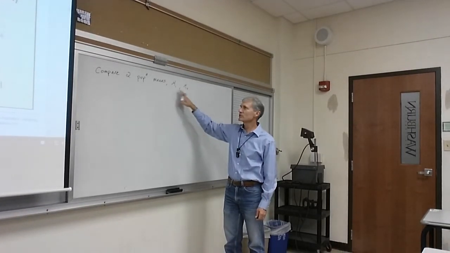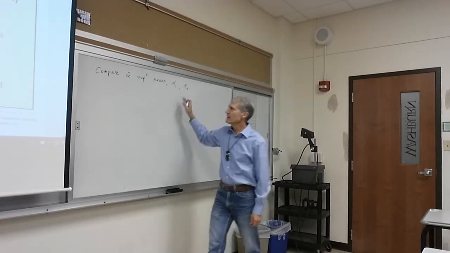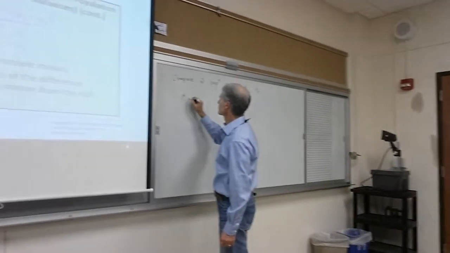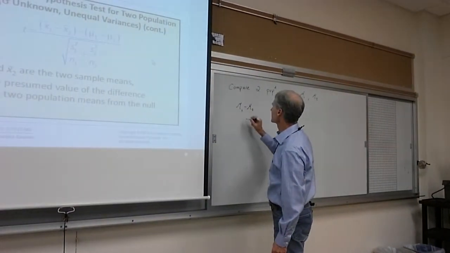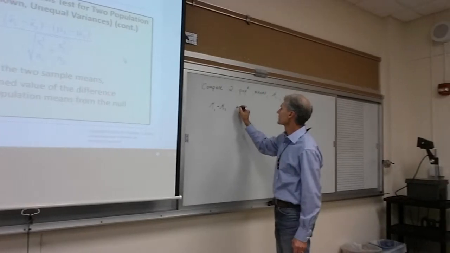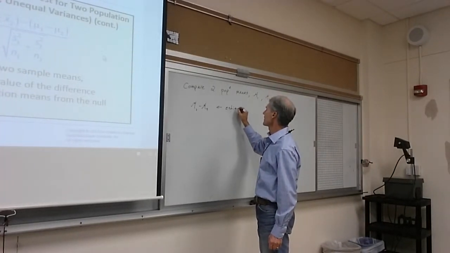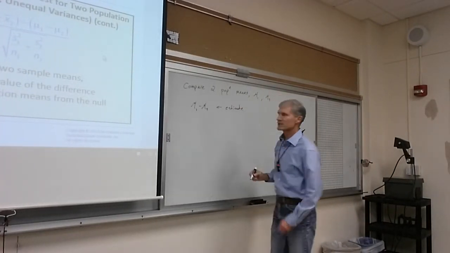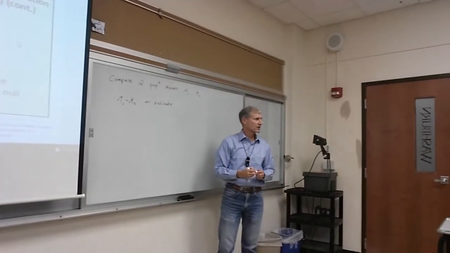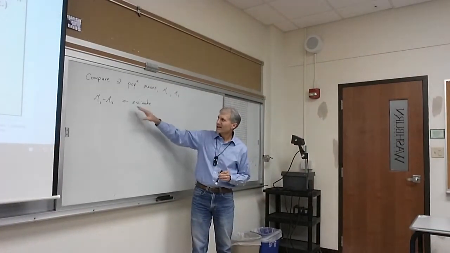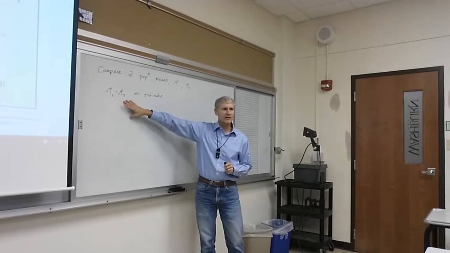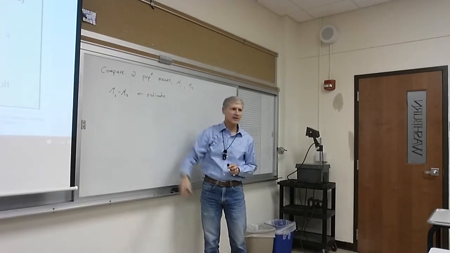Whatever it is, I got two populations that I want to compare. And it's the difference between them that is of interest. So we want to estimate that. We estimated it with an interval estimate using confidence intervals. Now we're going to make a conclusion about it using hypothesis tests.